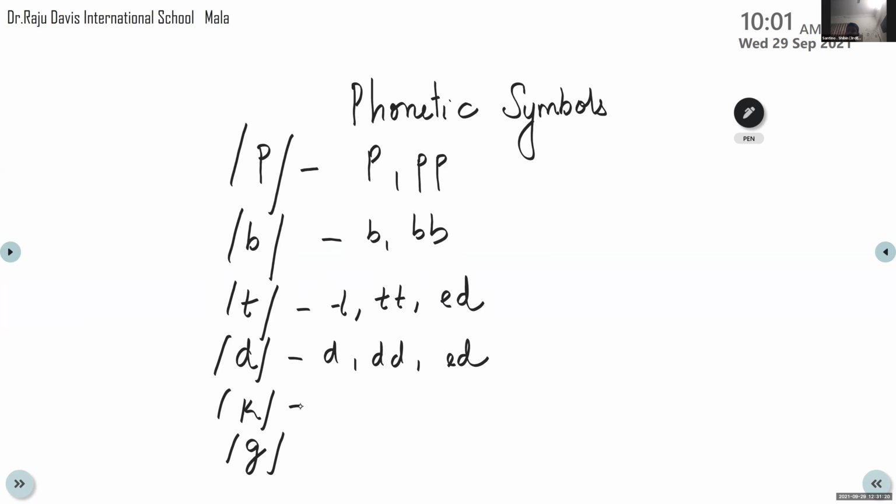And k? Look at the spellings, look at the words I gave you yesterday. Did we do K yesterday? No. Okay, I must have done it in the other class. What about G?